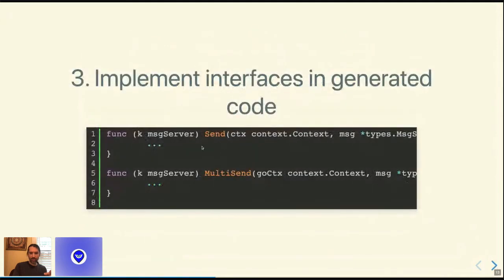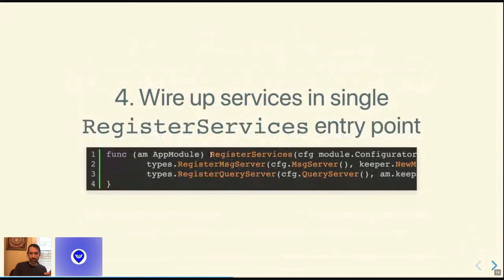We just need to implement these methods, and then we wire it up in a single register services call. It should be a pretty straightforward path: you define this service, you define it for both the message transaction side and the query side, implement those services, register them, and boom, you should have a working module.